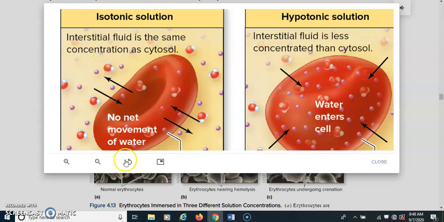So our blood, since we're using that as our example, and our red blood cells specifically, when they're floating in the bloodstream, they're in an isotonic solution, which means that that watery solution that's outside the cell has the same solute concentration as inside the cells. So water moves, but it moves in equal directions. So you don't have any gaining of water by the cell or losing of water by the cell. So it pretty much stays the same. And then the red blood cell maintains its shape.